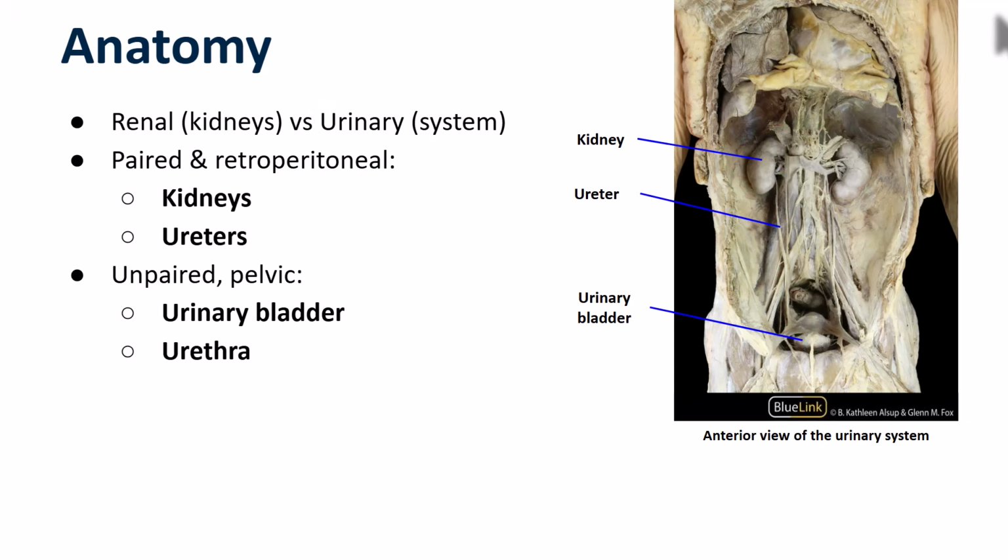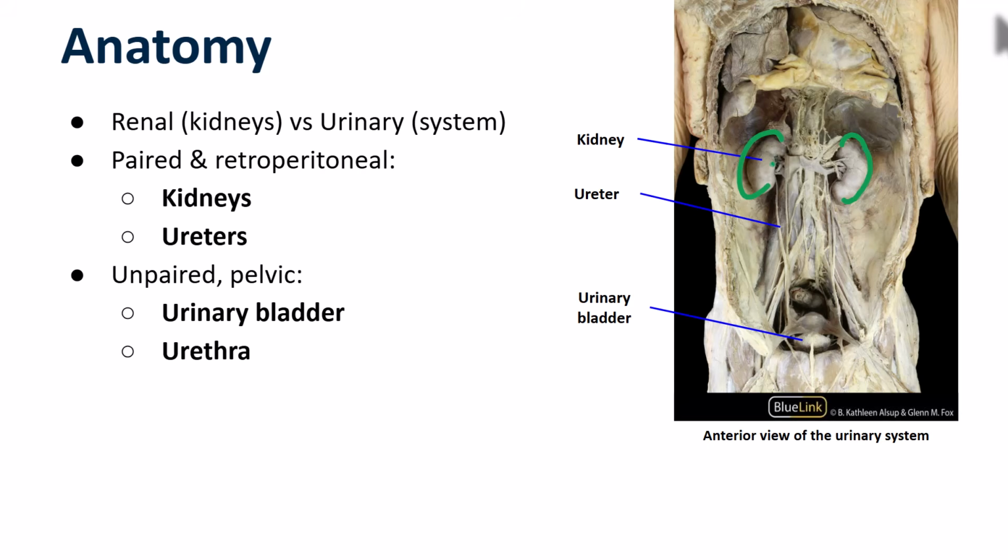So, with respect to the anatomy, this system is really quite elegant. We have paired retroperitoneal organs, known as the kidneys, which are dynamic filters of the blood, and these kidneys produce filtrate, which can be adjusted depending on conditions, which ultimately then becomes urine.